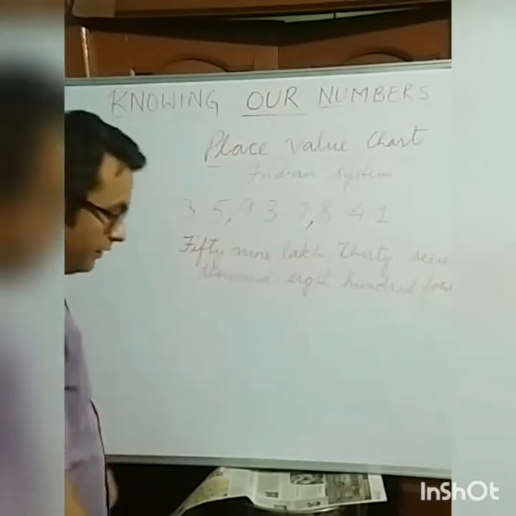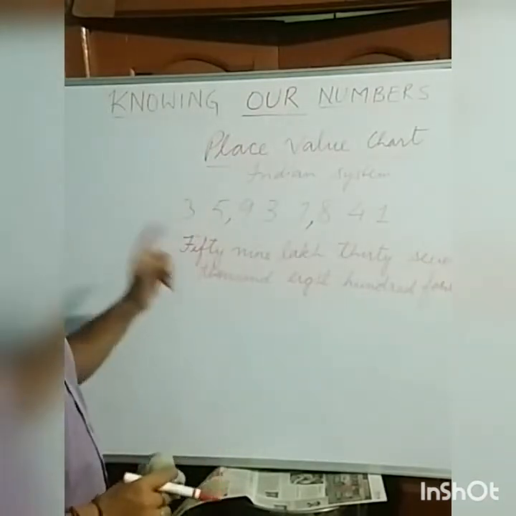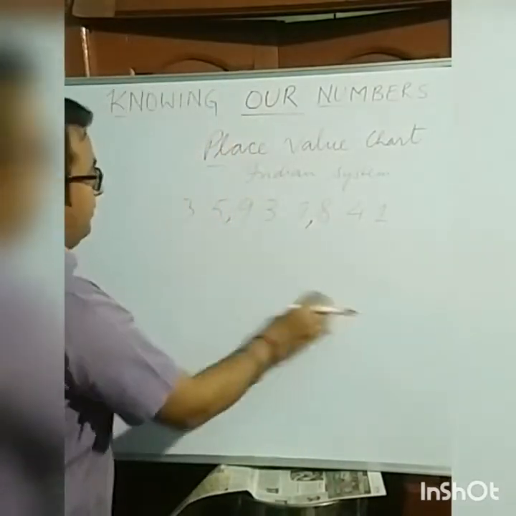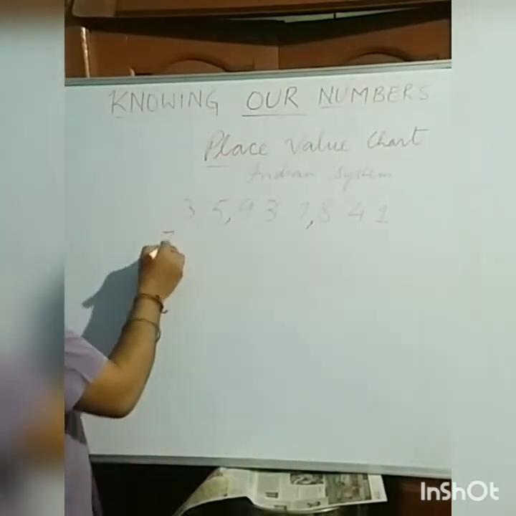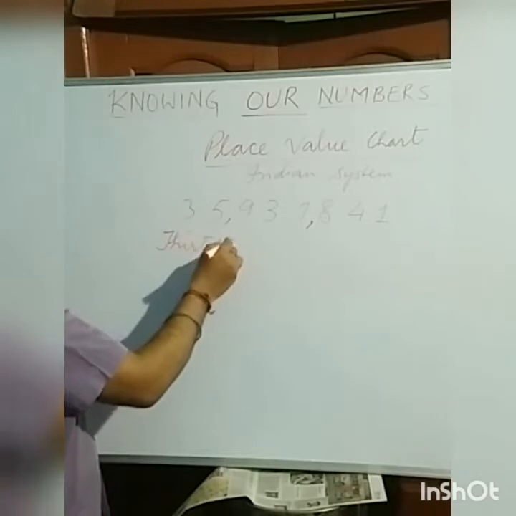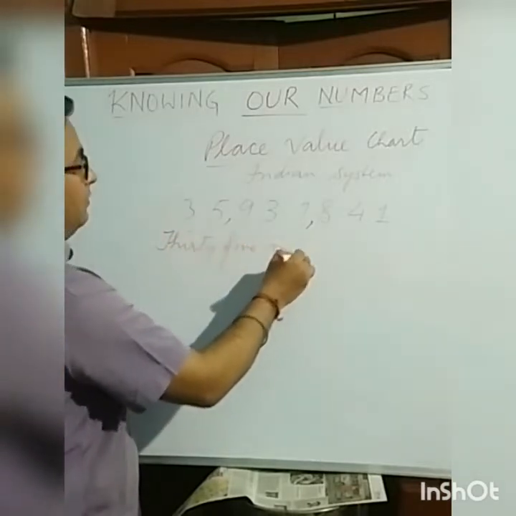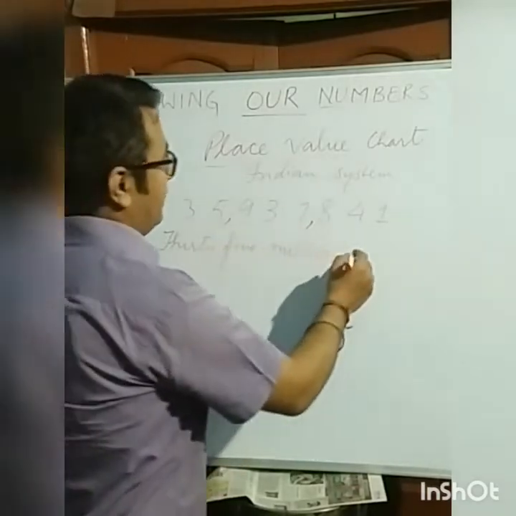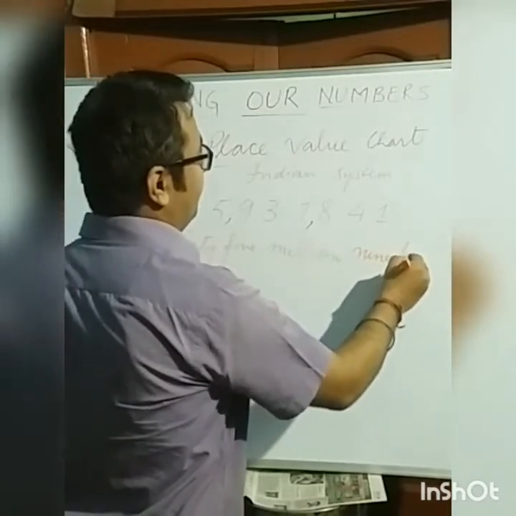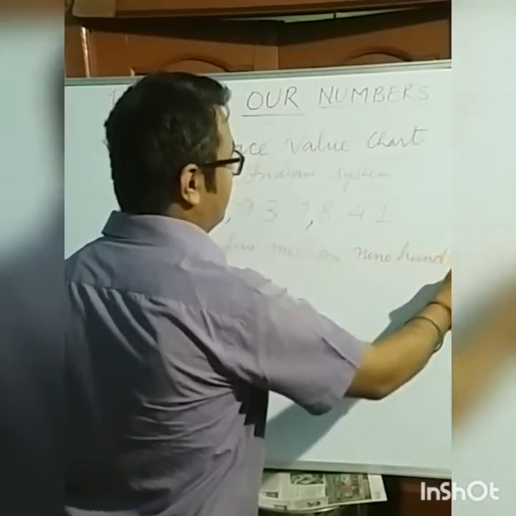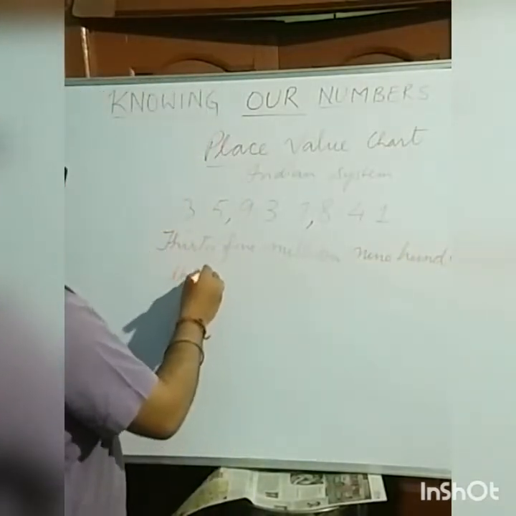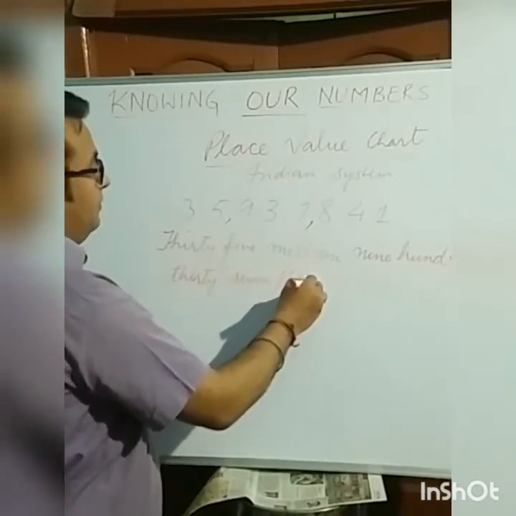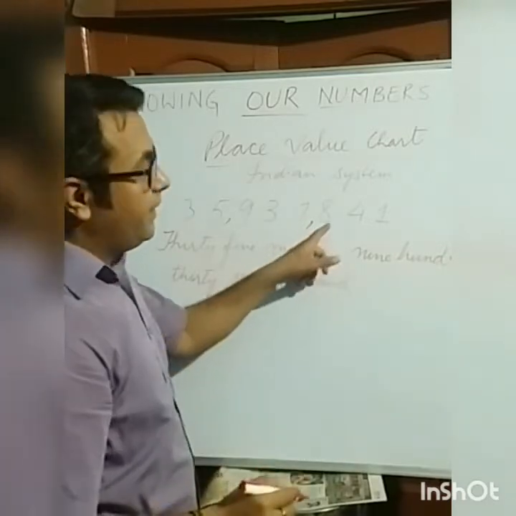So the number name for this number will be 35 million, let me write, it will be 35 million 937,000 and 841.